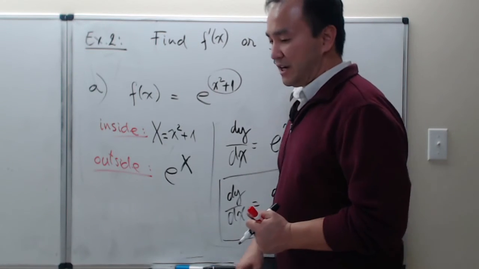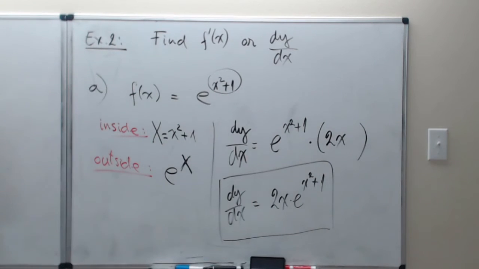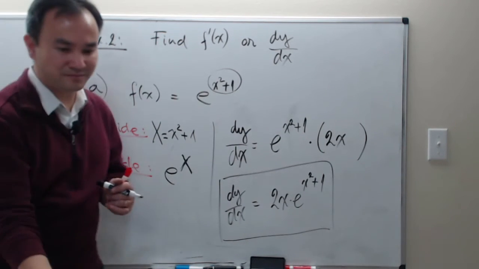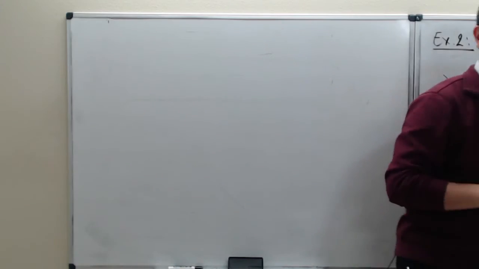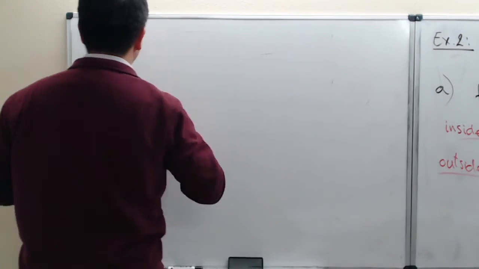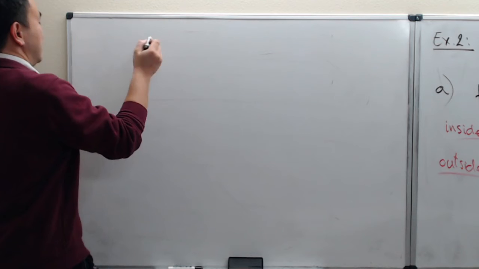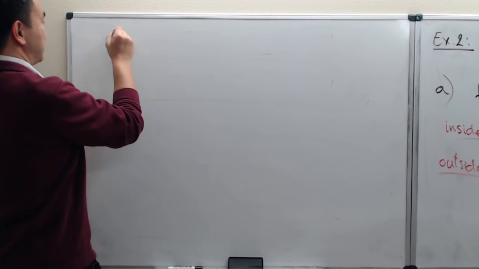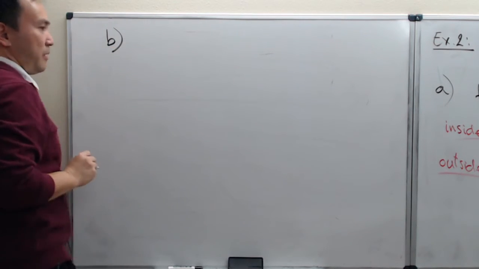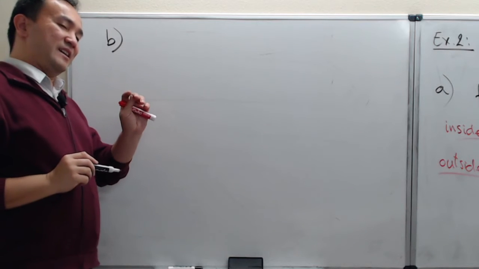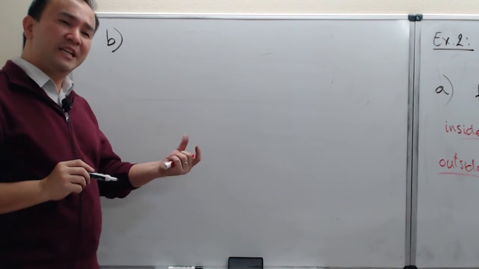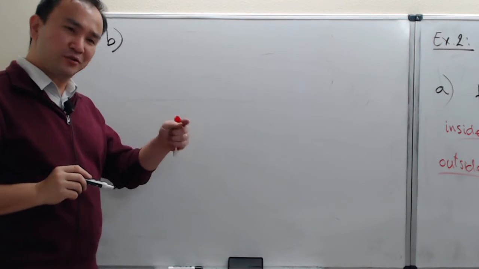All right, so now in part B of our example, I am going to erase to make some more space on my other board. Even though it's a part of our example, I can create a little FYT, a problem for viewers to try on your own right here.